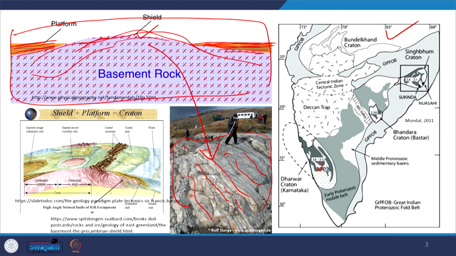So, here in this craton you can see these Precambrian shield rocks, and here it is exposed, and all other parts are covered by sedimentary rocks. So, this whole system is called craton, but this exposed part is called the shield area.